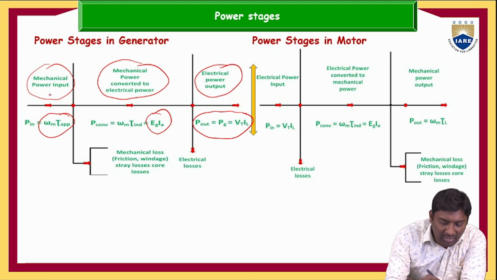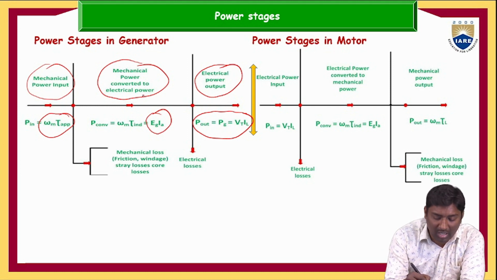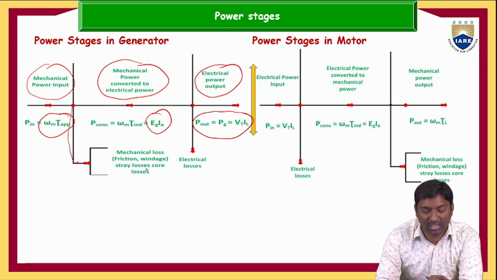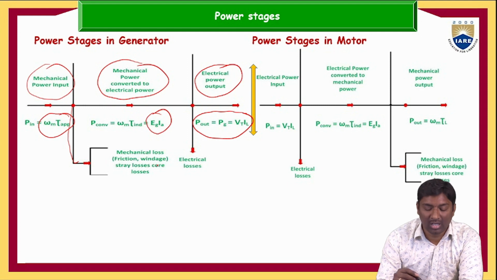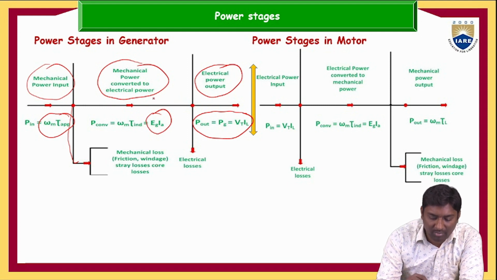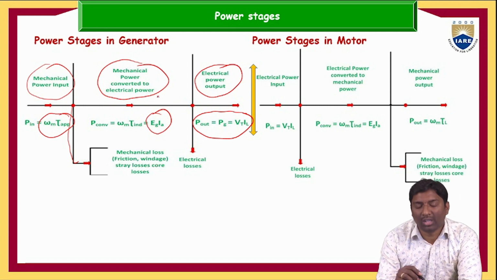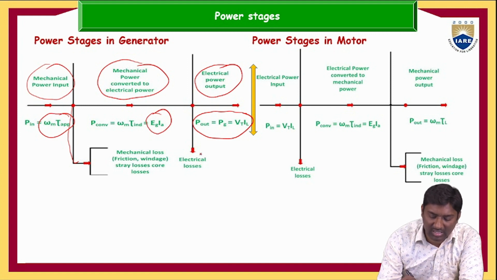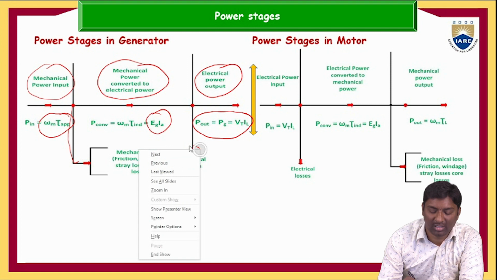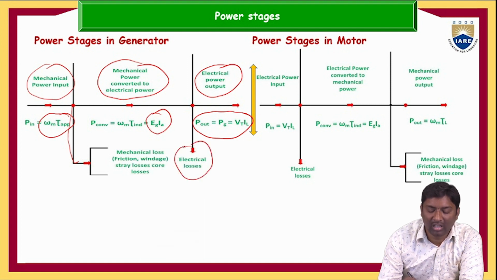Between the input power and the conversion process in the generator we get mechanical losses, that is friction, windage, stray losses and core losses. Between the conversion process and the output we get the electrical losses.